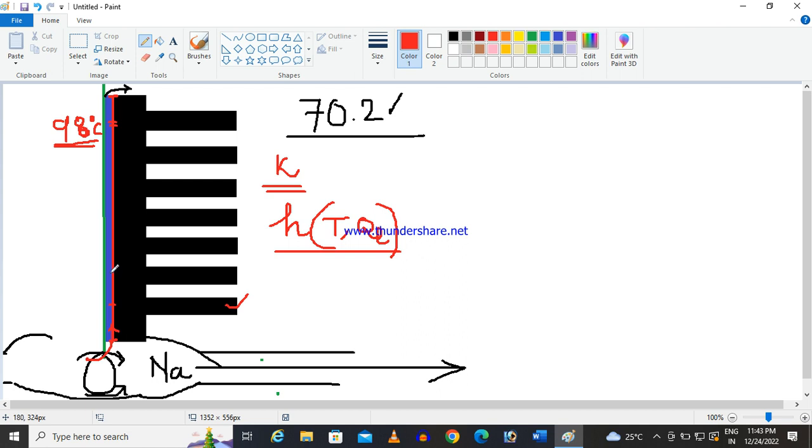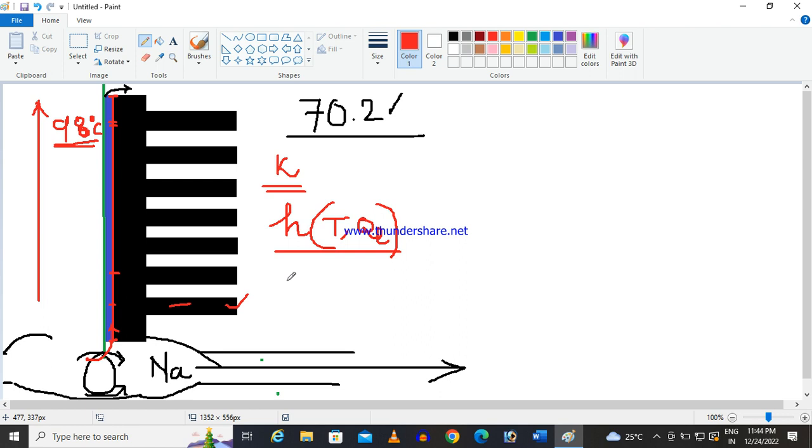Then when the liquid goes up, another fin comes into the picture. Some heat will be evacuated by the first fin, then in the second fin the temperature will reduce, so the convective heat transfer will reduce further. So the convective heat transfer along the vertical line is not constant. If you want to calculate this by analytical method, you might have understood how difficult it is.